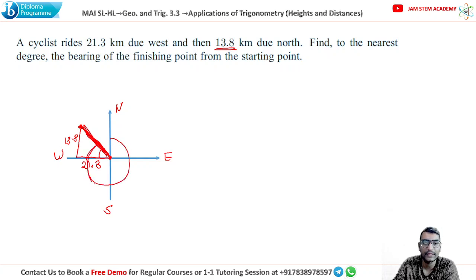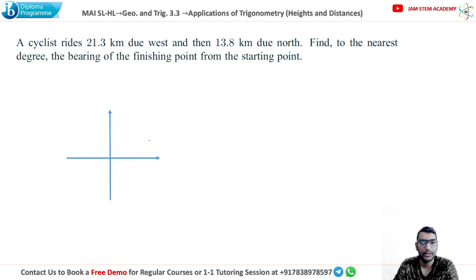So we need to find this value. We have a right angle triangle here, so I can easily find the value of this smaller angle, and I know this angle up to here is 270 degrees. So if I add 270 plus that angle, let's call it theta, I can get the bearing of the final point from the initial point.